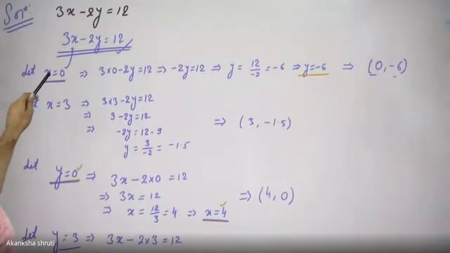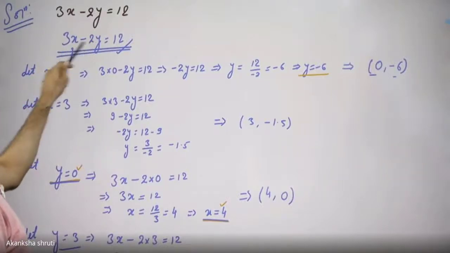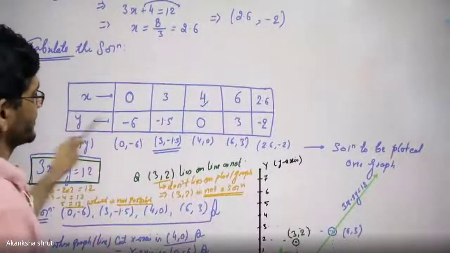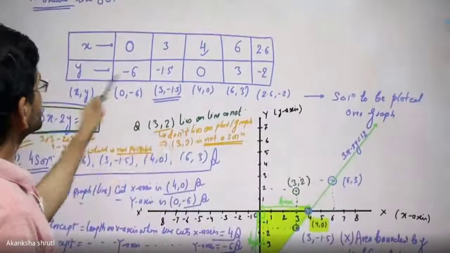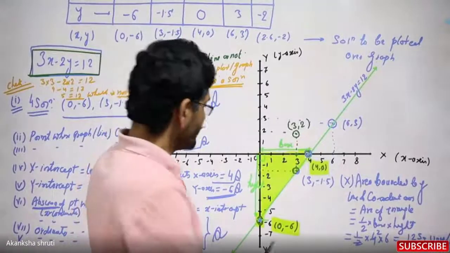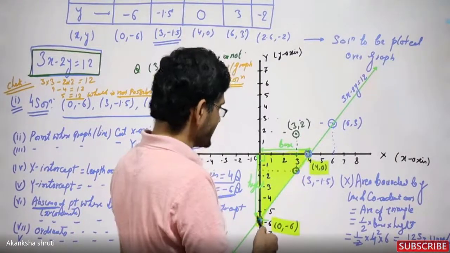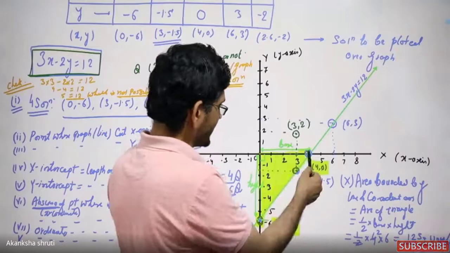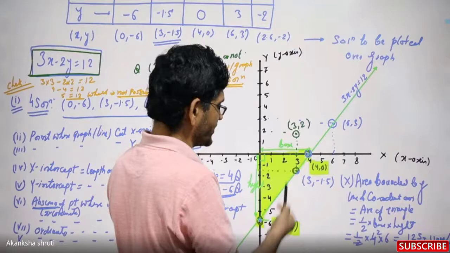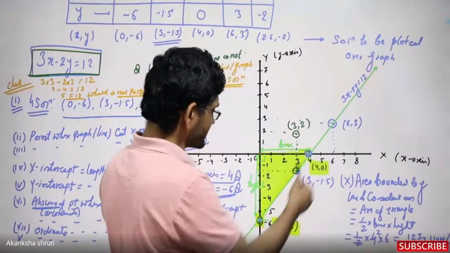For that, we were first collecting the solutions, and the solutions are tabulated here. After tabulation, these solutions are plotted here, and from this plot, where it cuts the x-axis and the y-axis, what is the length on the x-axis and the y-axis, meaning the x-intercept and y-intercept, can be calculated. Also the area bounded by this line and the axes.